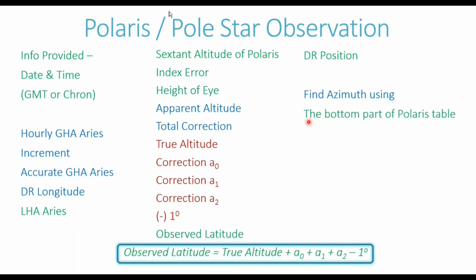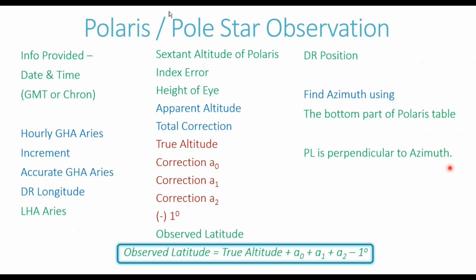The azimuth is obtained from the bottom part of the Polaris table, which we saw just now. Now the position line, as usual in celestial navigation, is always perpendicular to the azimuth of the body. So whatever azimuth you obtain from the bottom part of the table, plus and minus 90 degrees to that azimuth gives you the direction of the position line.